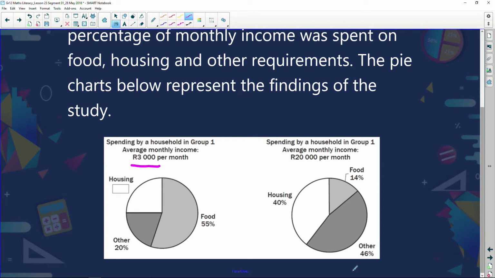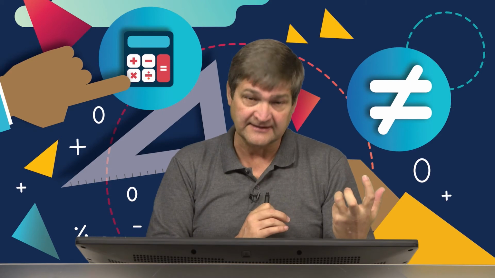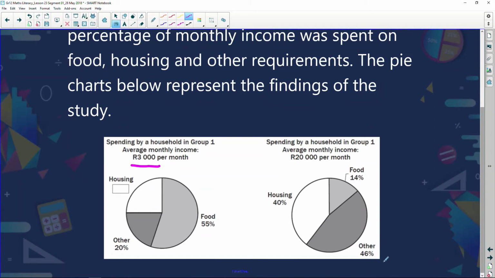When they earn 20,000, other sort of requirements, they spend 46% of their money on those other little requirements. Okay. Now, the 2 essentials are our food and our housing. The other is all the other little bits and pieces. Take note, the more people earn, the more they spend on other things.